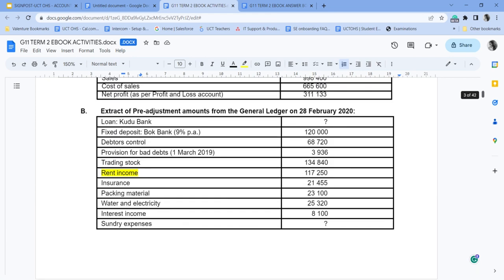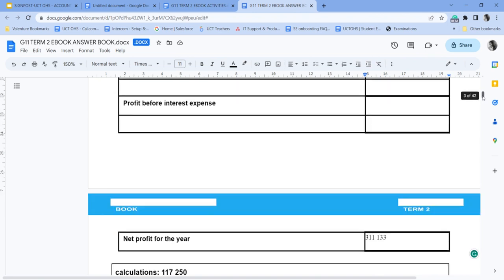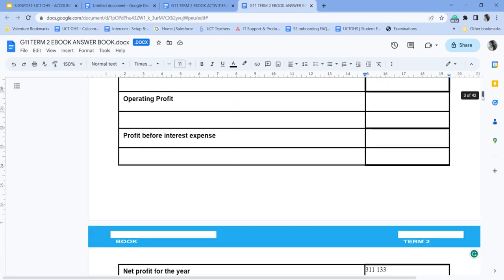But there are potential incomes here that we are not sure whether they are incomes or expenses, such as your provision for bad debts, as well as your trading stock deficit or trading stock surplus. So I advise you to do them before you even do your totals. So I am going to do my trading stock surplus first.